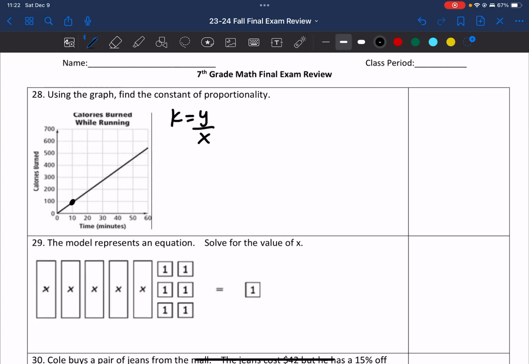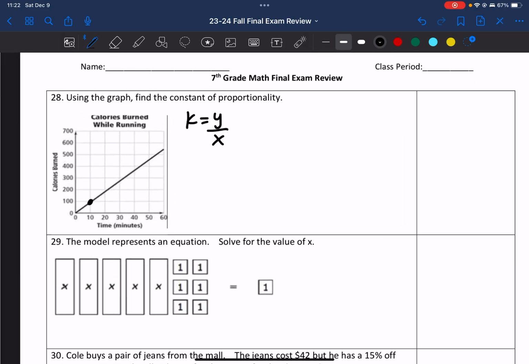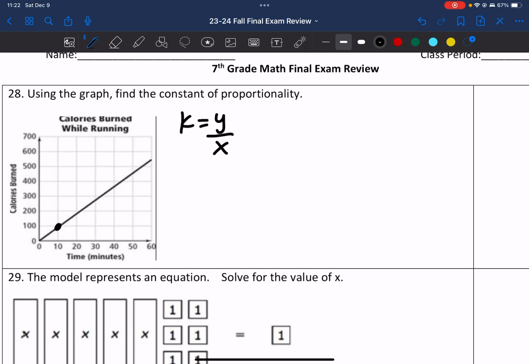Now, these are not the best, so let's just talk about this real quick. Let's pretend that this one is going through a little bit higher, just so that it's going to be correct. So let's pick 10, because remember this is x and this is y. So we have to do 100 divided by 10, which is going to be 10.